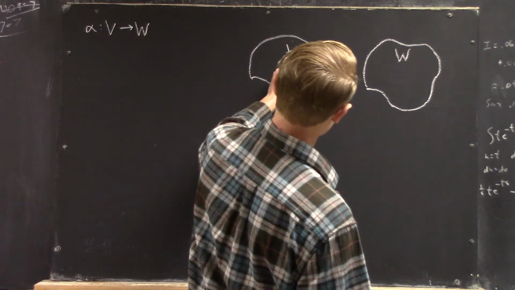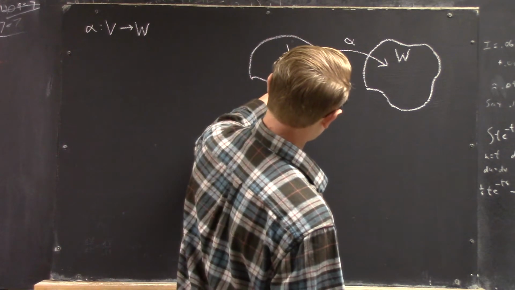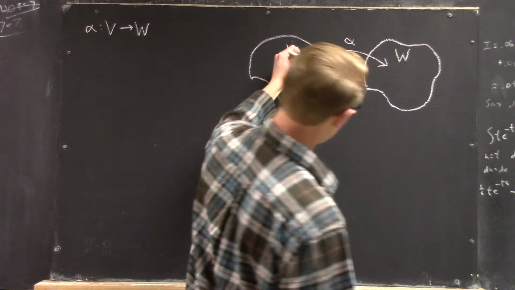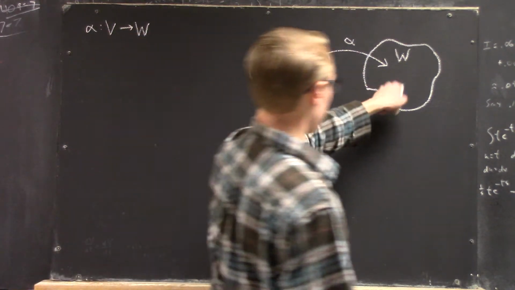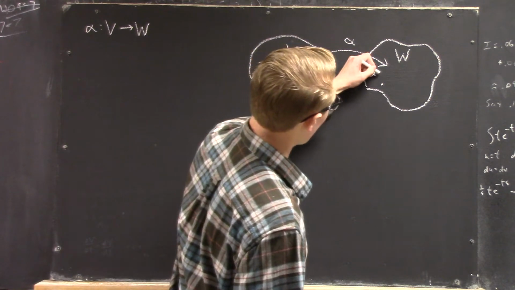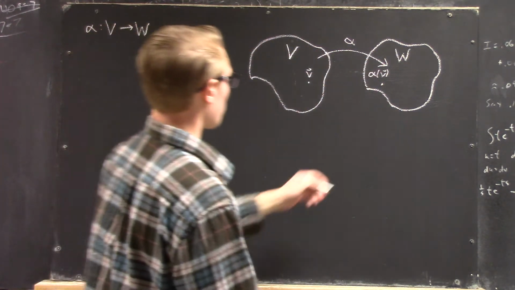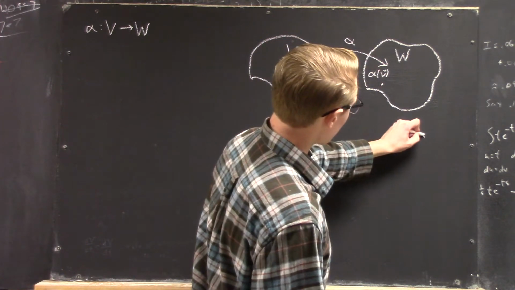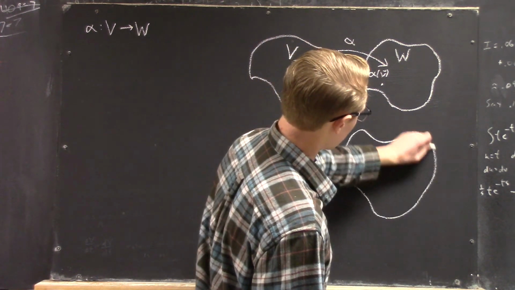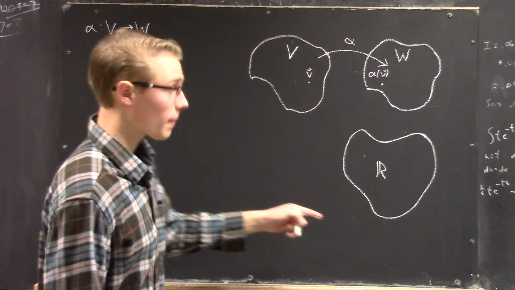And that's represented by alpha. Any vector V in this space is transferred over here and symbolized by alpha of the vector V. However, let's just say we form another transformation onto the set of all real numbers.